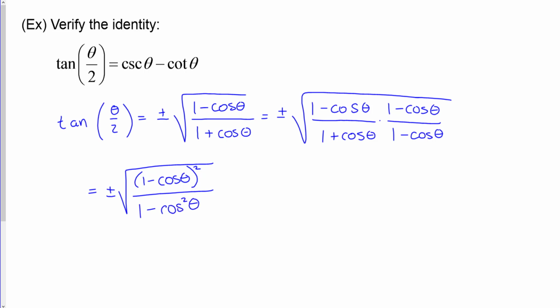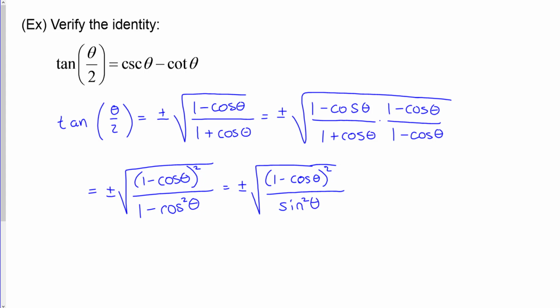And I also like that because that could actually be written as sine squared. So let's do this. Plus or minus the square root of 1 minus cosine of theta, squared, all over sine squared theta.